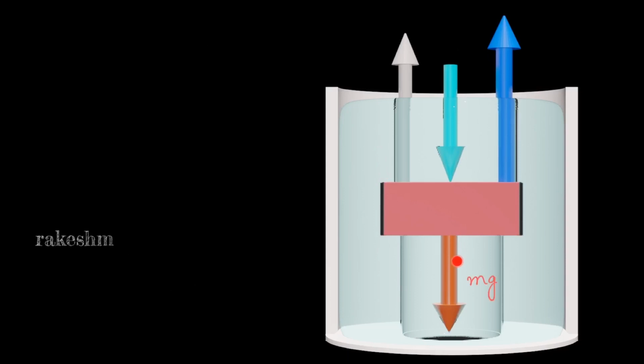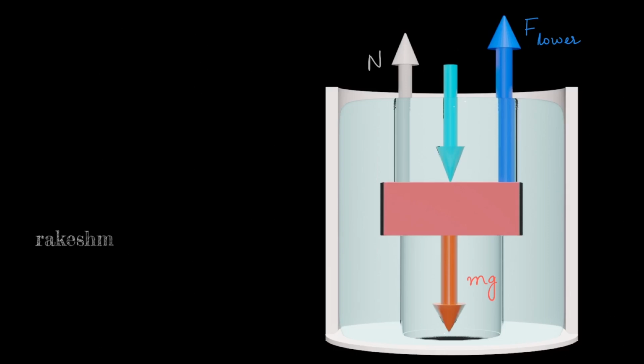Firstly, this force here is the gravitational force mg acting on the block. Now as this block is placed on the cylinder, it is in contact with the cylinder, so there is a normal reaction force acting on the cylindrical block in the upward direction.